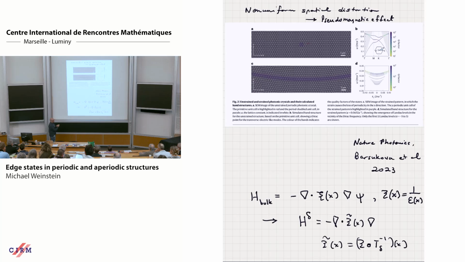And there's a gauge potential, a magnetic gauge potential, which is computed from the distortion. So what happens is, in this case, photons behave as though they were charged particles in a magnetic field. Okay. If there's time, I can say a little more about that.